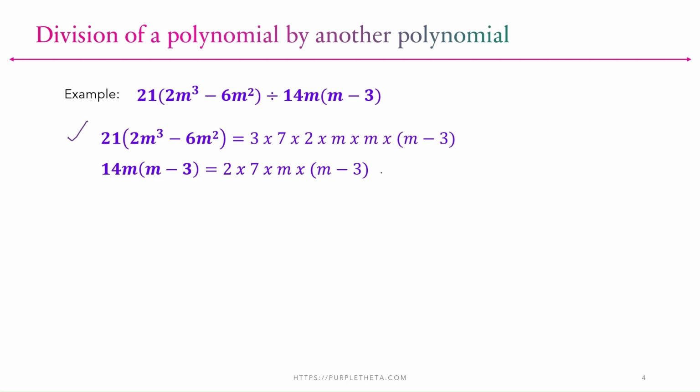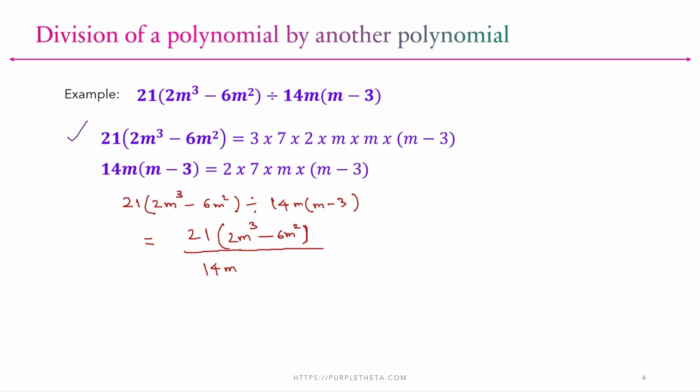Now let us rewrite the division in fraction form, that is numerator and denominator form. This is equal to 21 multiplied by 2m cube minus 6m square will come at the numerator's place. This is divided by 14m and in a bracket m minus 3, right?